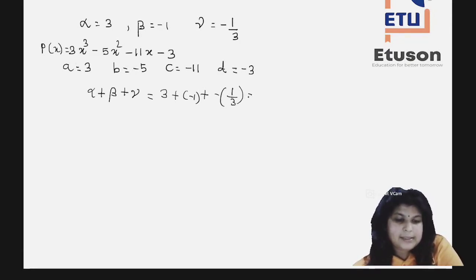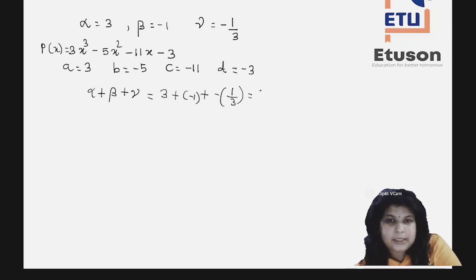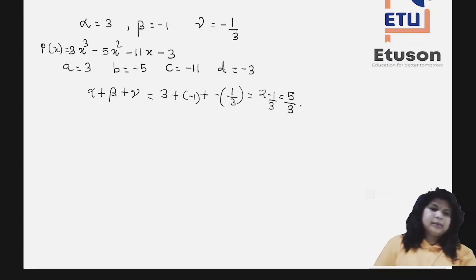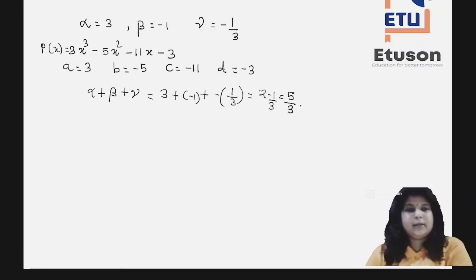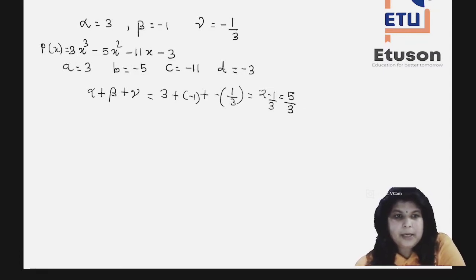So your answer is coming to be, let us do it. So here 3 plus minus 1 is 2. So 2 minus 1 by 3, that is 6 minus 1, that is 5 by 3. Correct. So that is 5 by 3.